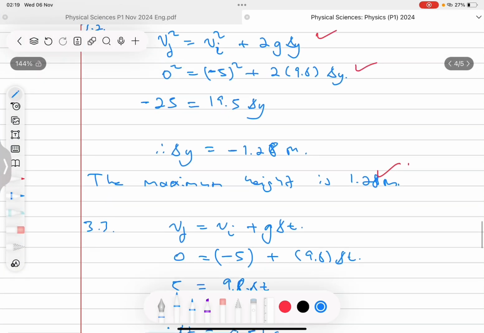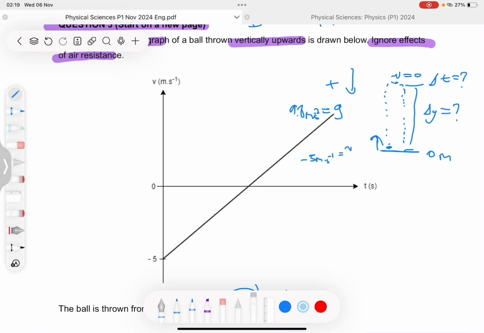Now it is very important to update our information to say this here is the time, 0.51 seconds, because remember, from here until we get to a velocity of 0 is the maximum height.